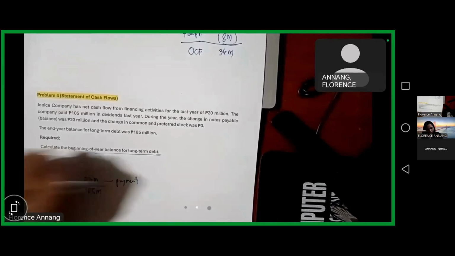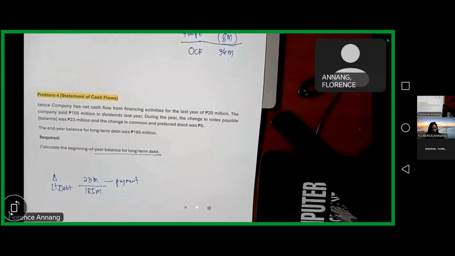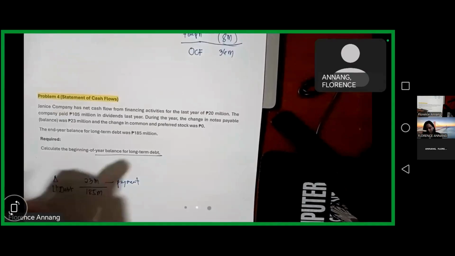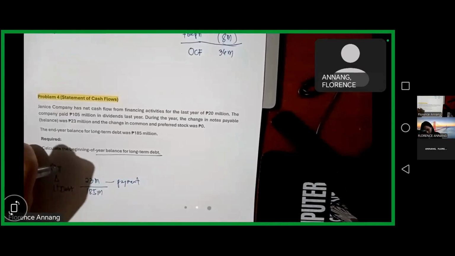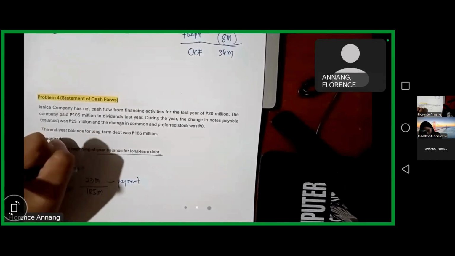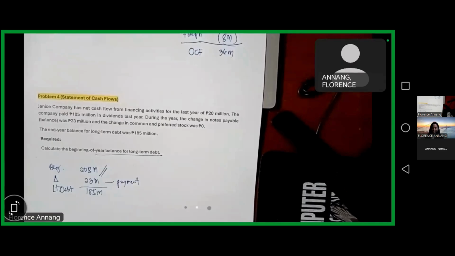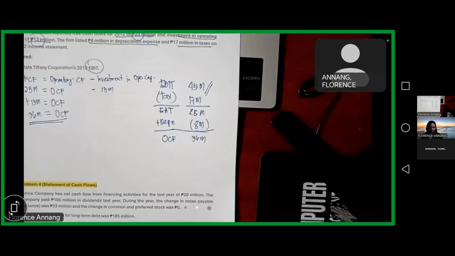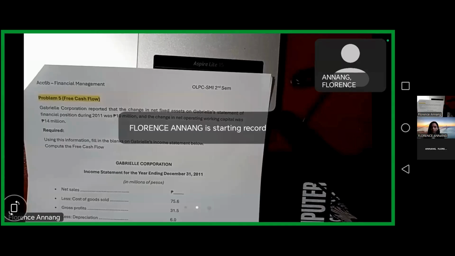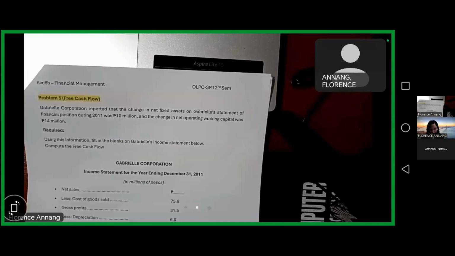Nagbayad siya. So, magkano ang ating beginning? You just work back. That is 185 plus 23, 208 million. That's the answer. Very easy. Okay, so we now continue with problem number 5.